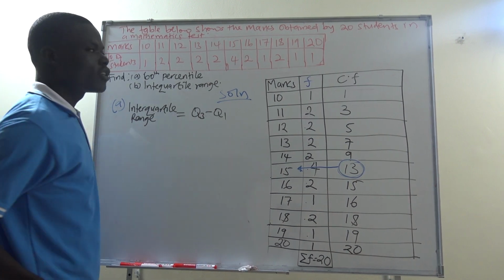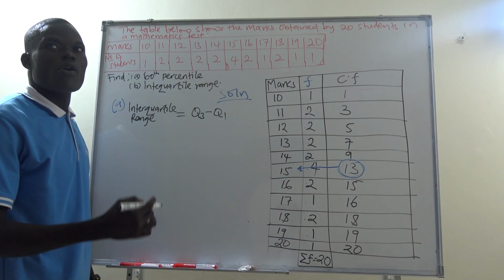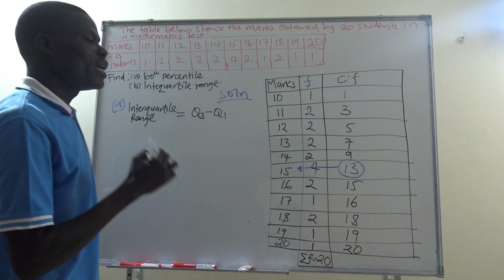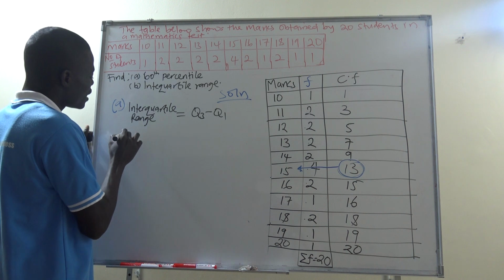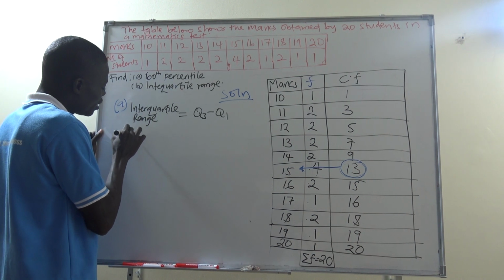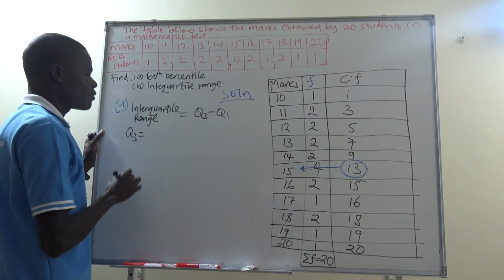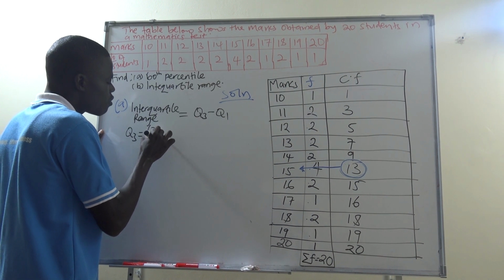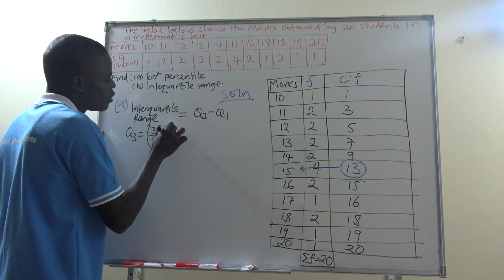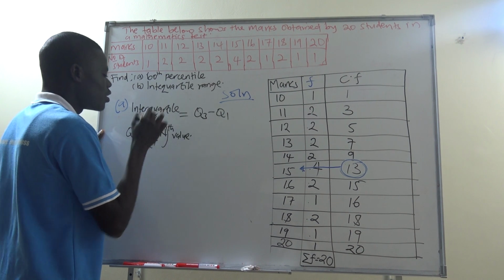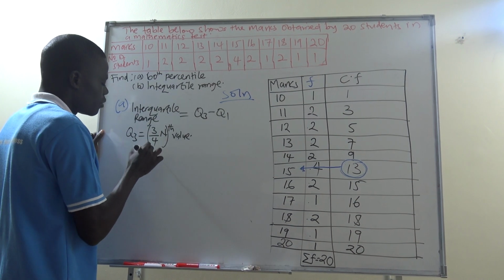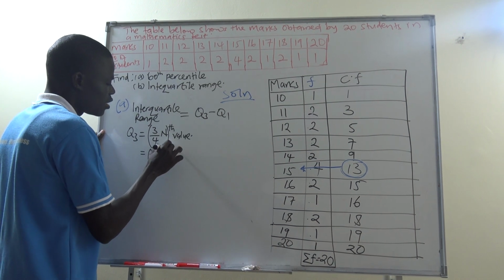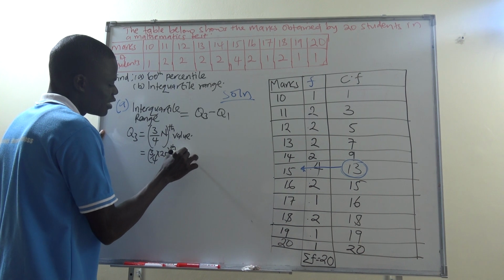So Q3 minus Q1, but we look at how we can determine Q1 and how we can determine Q3. So we say that our Q3 is given by 3 out of 4 of the nth value. So this value is 3 out of 4 times 20th value.